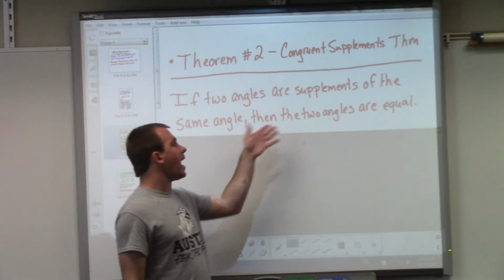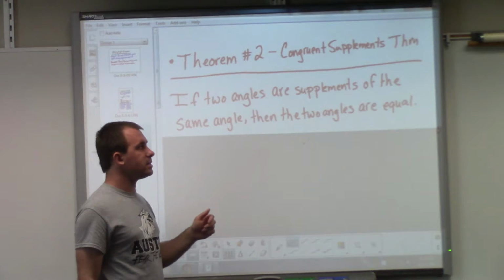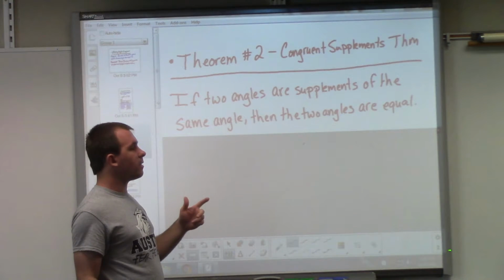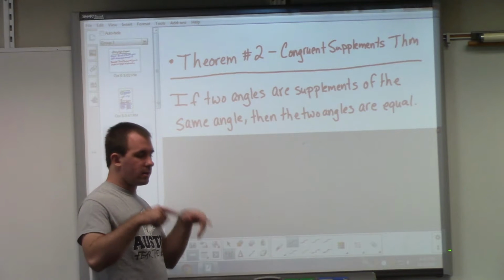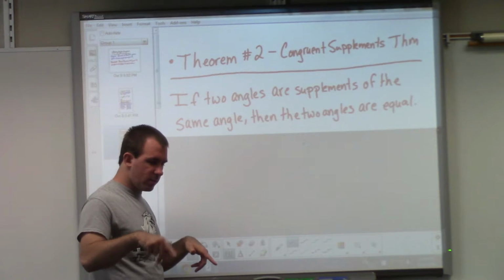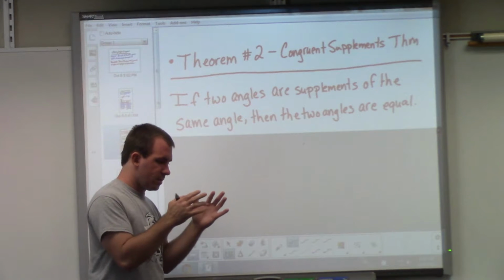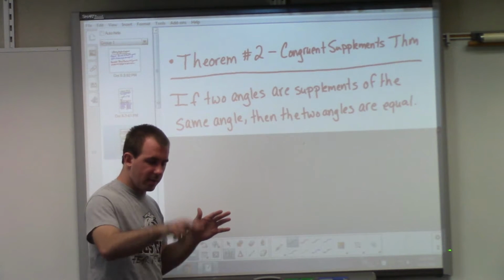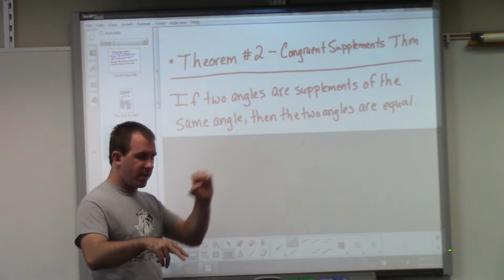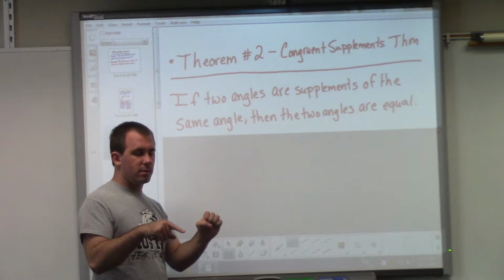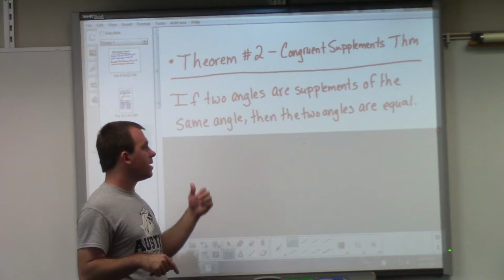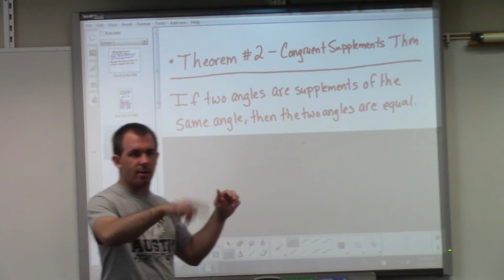So if 2 angles add up to equal 180 degrees, and 2 angles with a third angle each add to equal 180, then we know these 2 angles here must be equal.